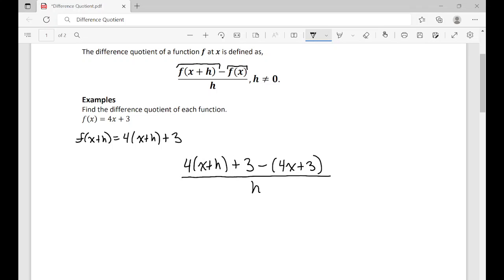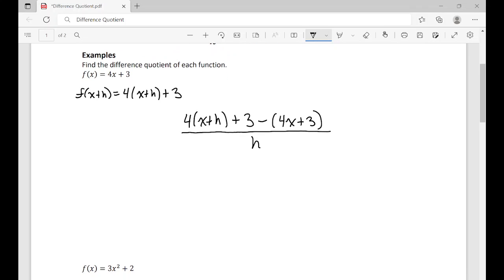Now, we just do the algebra and simplify it. So distribute the 4 across and distribute the negative across. We're going to get 4x plus 4h plus 3 minus 4x minus 3 over h. Now this is the nice part. Anything without an h should cancel.